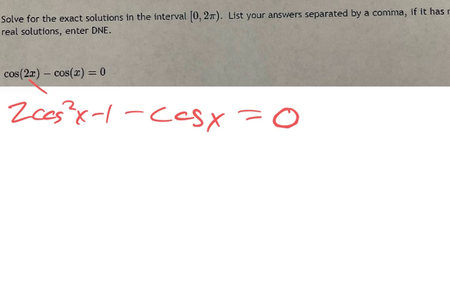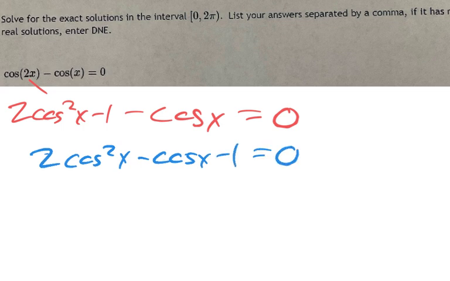Now, this needs to flip, right? This needs to be my bx plus c. So I'm going to rearrange this to 2 cosine squared of x minus cosine of x minus 1 equals 0. U substitution. U equals cosine of x. So I've got 2u squared minus u minus 1 equals 0.